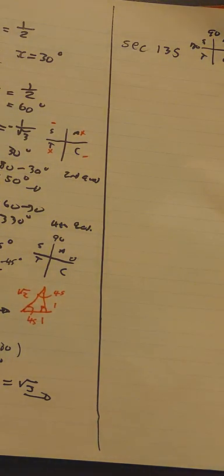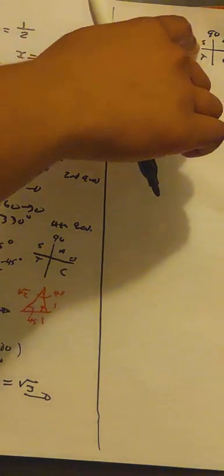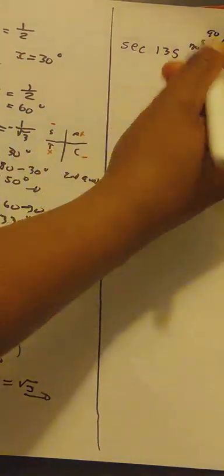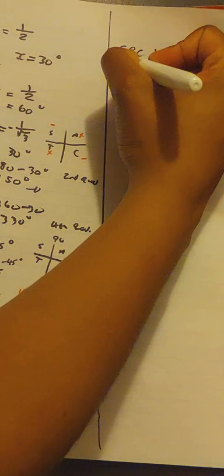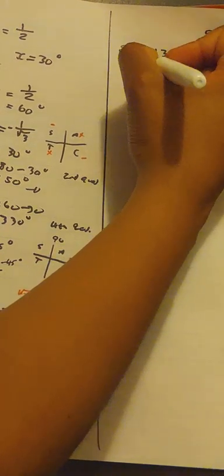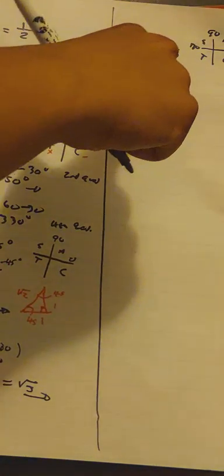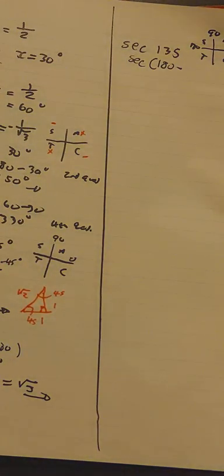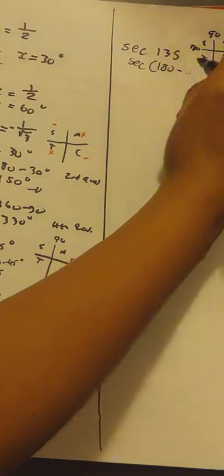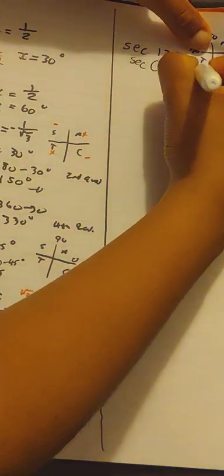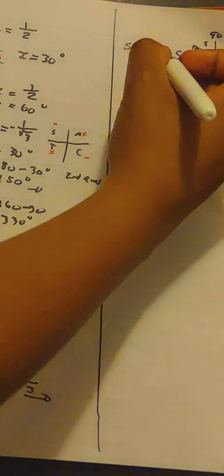So that means we are on the second quadrant. And remember, on the second quadrant, sec is equal to 180 minus something that will give us 135. Let's see. 180 minus 135. It's 45. It's minus 45 degrees.